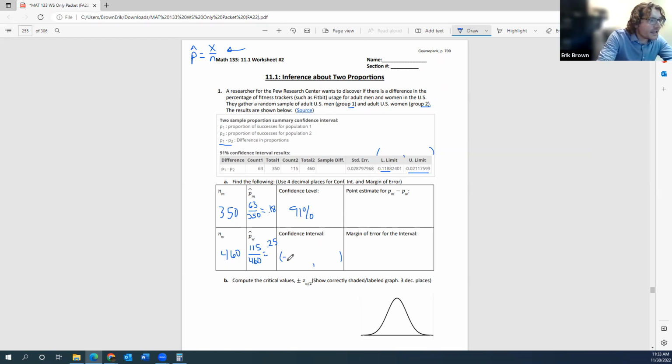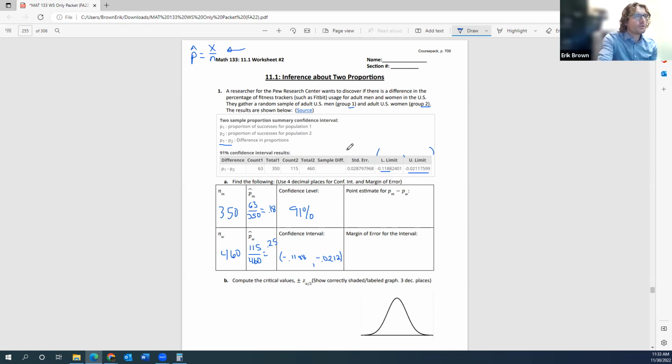So in this case, it's negative 0.119. Oh, we're supposed to do 4. 188 up to negative 0.0212.